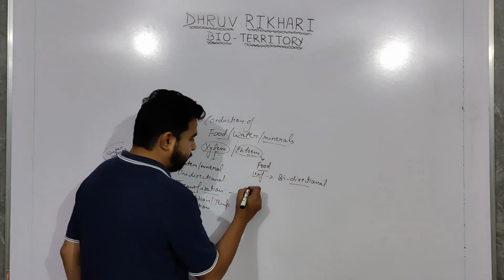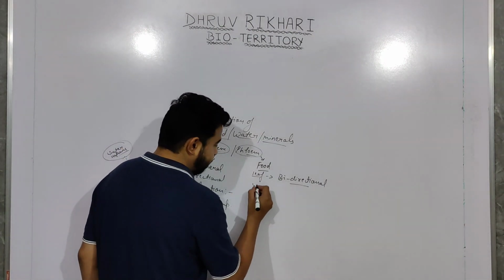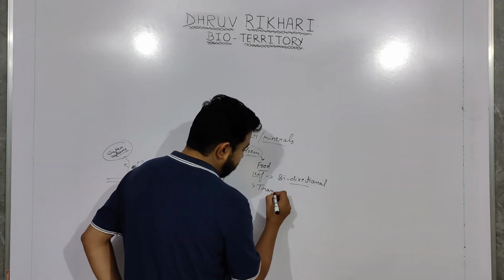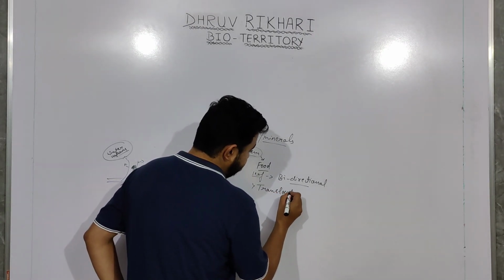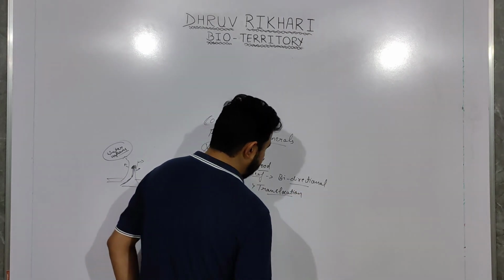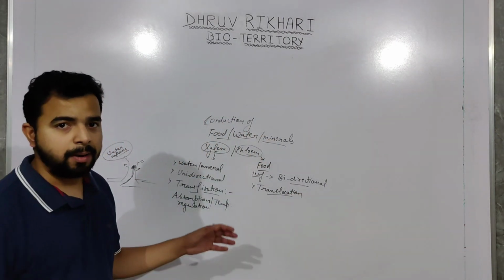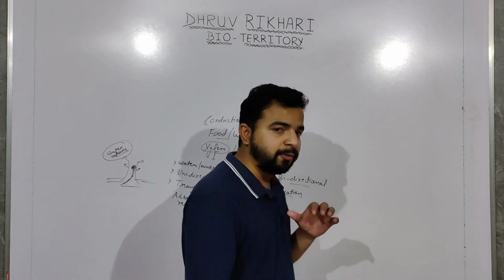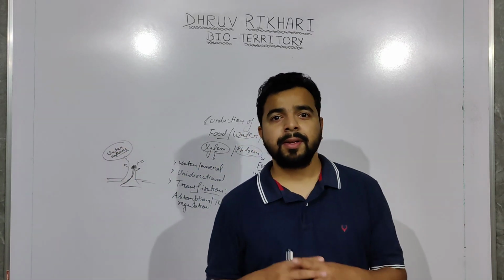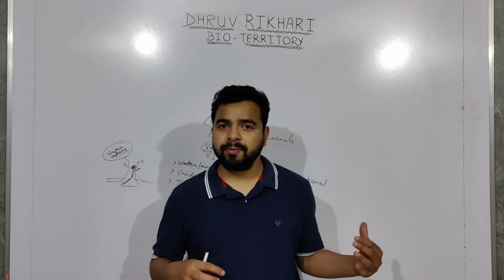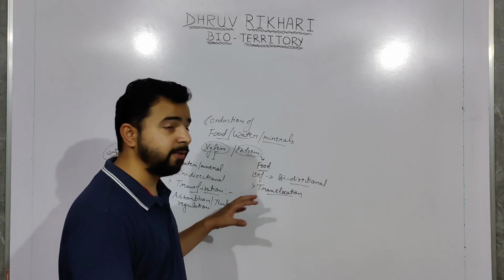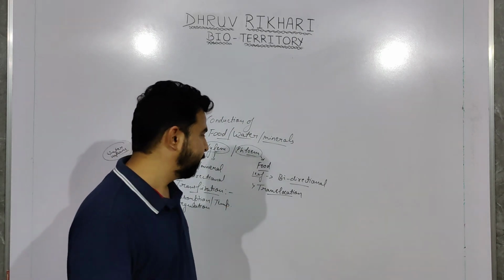And in case of food, in case of phloem, transmission takes place through translocation, where ATP is required for the upward and downward movement of food substances, to fulfill the requirement of resources in different parts of the plant.